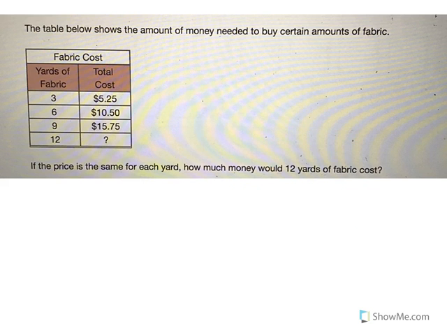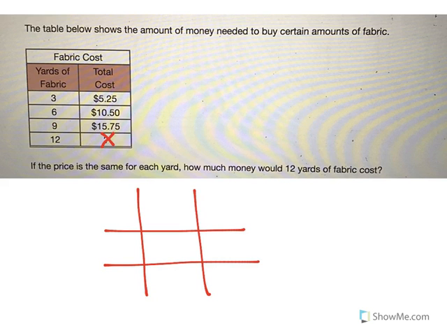Another way we could do it, and this works for every table, assuming it's linear, proportional, is I can set up a proportion table. So I have yards of fabric, and I have cost.